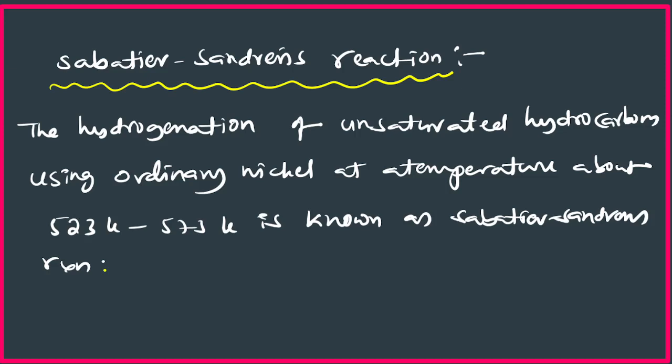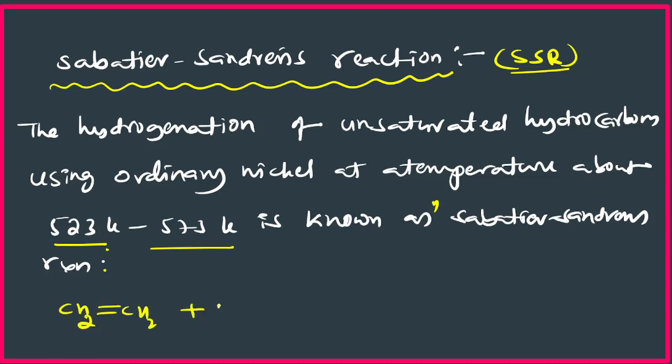We will look at the Sabatier-Senderens reaction, in short SSR. The hydrogenation of unsaturated hydrocarbons using ordinary nickel at a temperature of about 523 to 573 Kelvin is known as the Sabatier-Senderens reaction. Unsaturated means carbon-carbon double bonded or carbon-carbon triple bonded, reacting with nickel at 523 to 573 Kelvin.